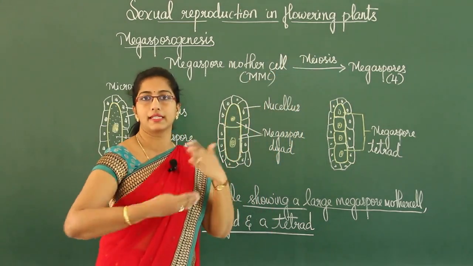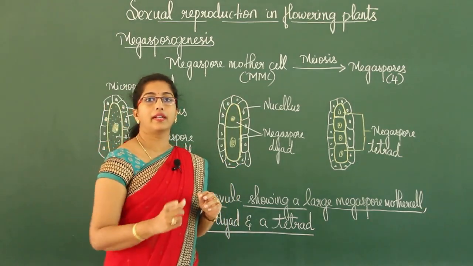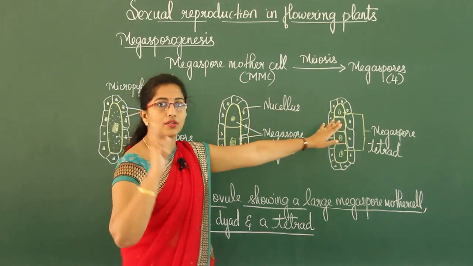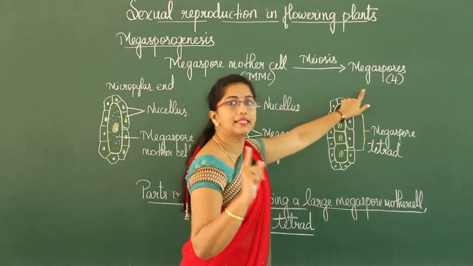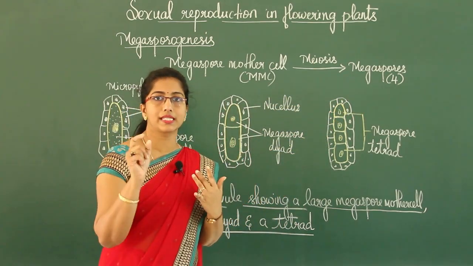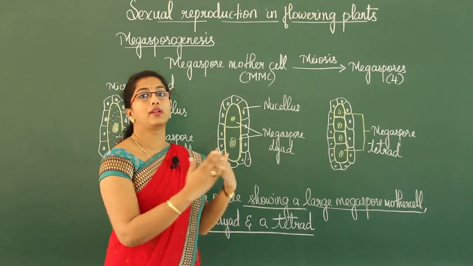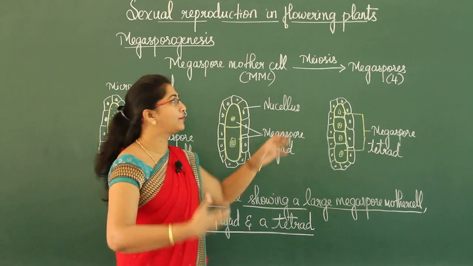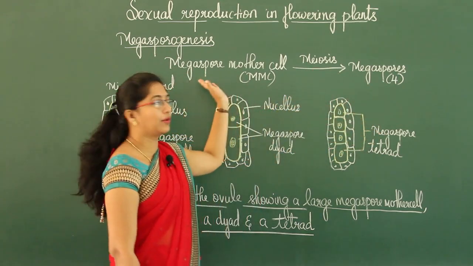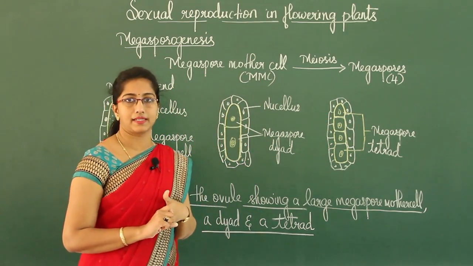So the diploid cell undergoes meiosis to produce megaspores, and the megaspore develops into the female gametophyte which contains the egg cell. Now you know why meiosis has to take place: gametes have to be produced and they are haploid, and the megaspore mother cell is diploid.